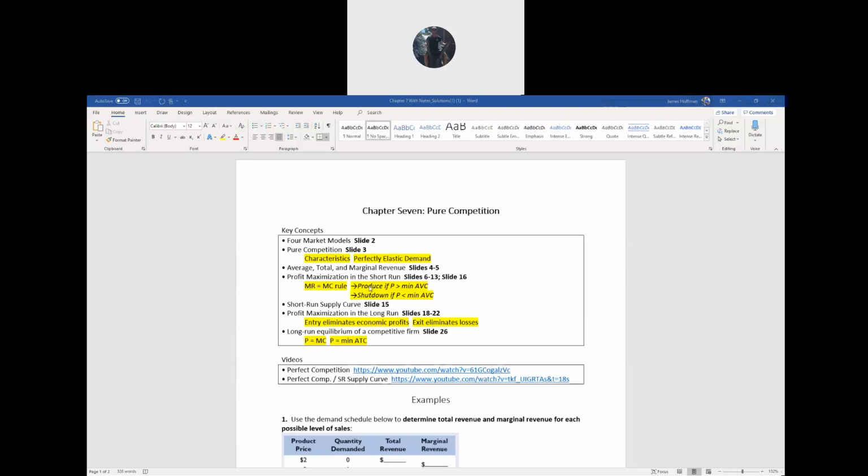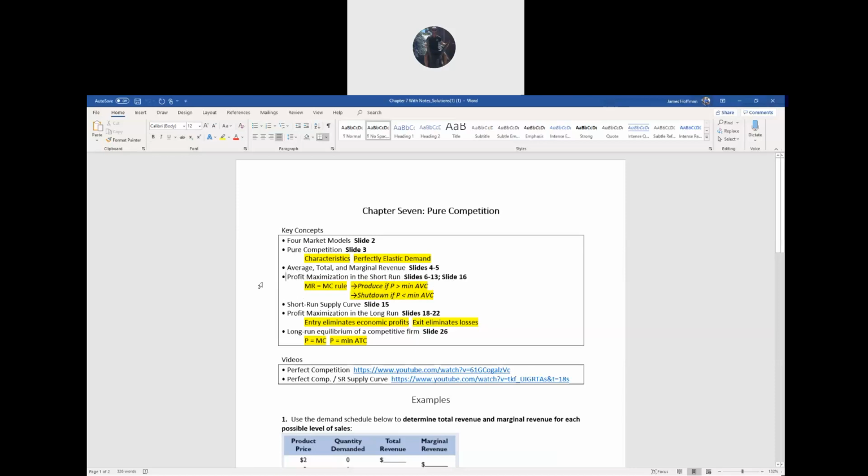So the firms can hire additional hours, cut hours, hire workers, fire workers, but the plants are fixed in the short run. So there can be no change in capital and no construction, no entry and exit in the short run. So the only thing that changes in the short run is labor.